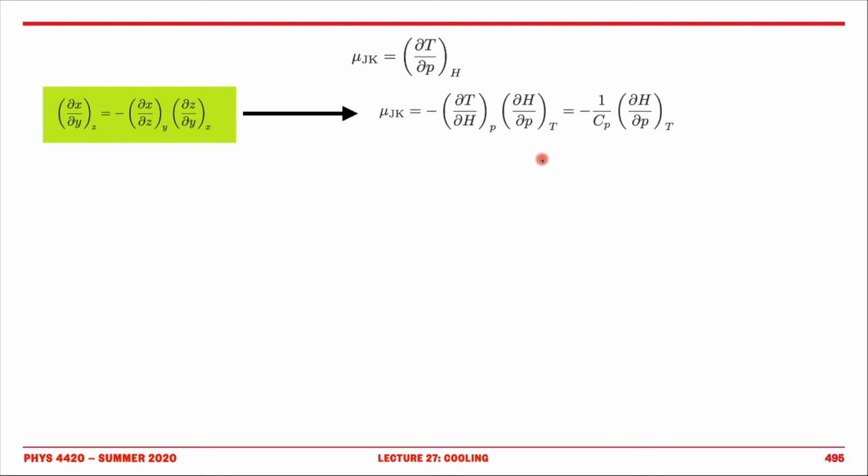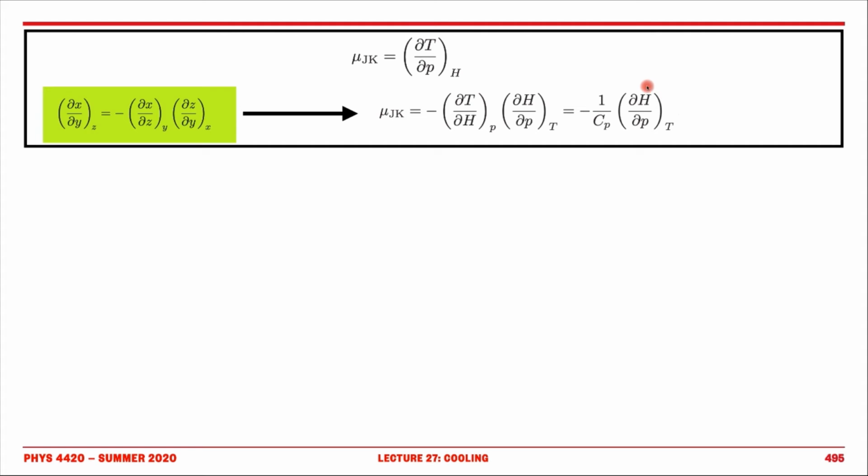And then in particular, we will remember the definition of the heat capacity at constant pressure, which is a change in enthalpy with respect to temperature, calculated at constant pressure. And then all we have left to calculate is the change in enthalpy as a function of pressure at constant temperature.